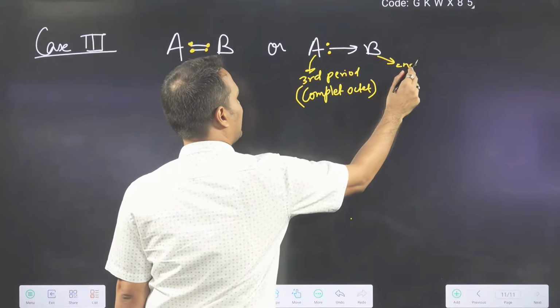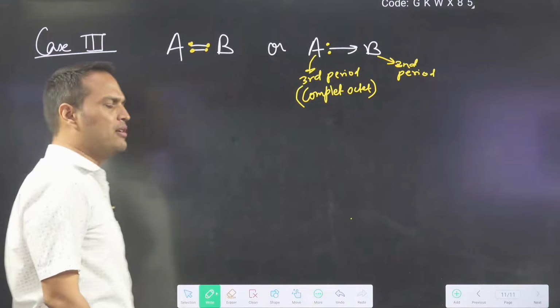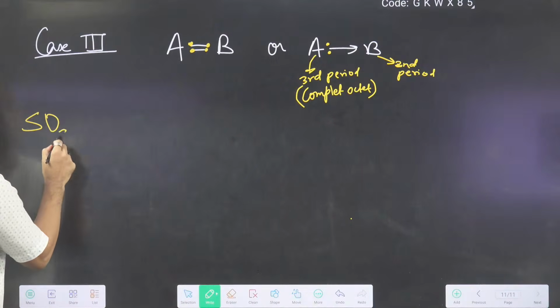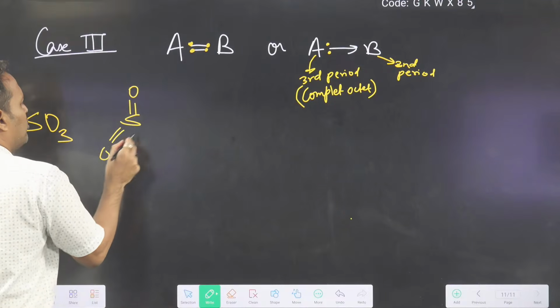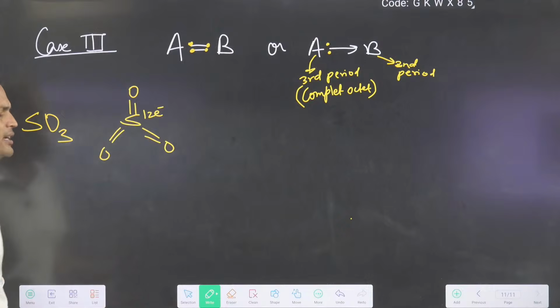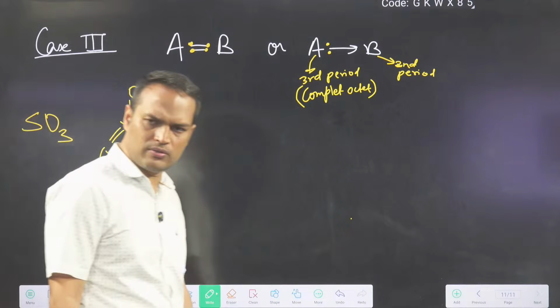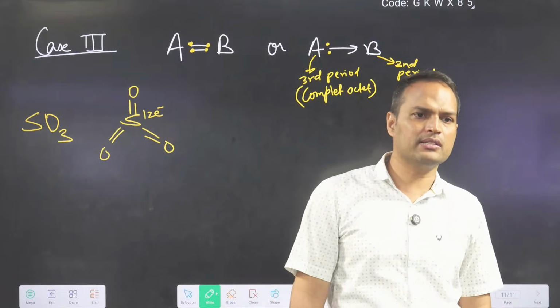This is generally a second period element. Main example is SO3. Everyone knows the SO3 diagram. This sulfur has an expanded octet, 12 electrons are there. Super octet. Rich, rich, rich. Okay, this is the last case.